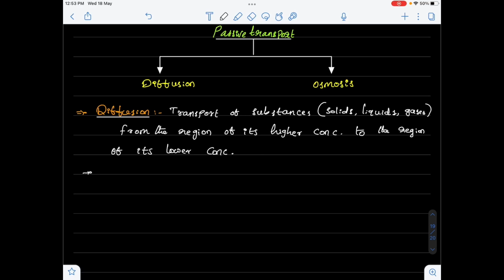And generally the diffusion is faster in gases, slow in solids.